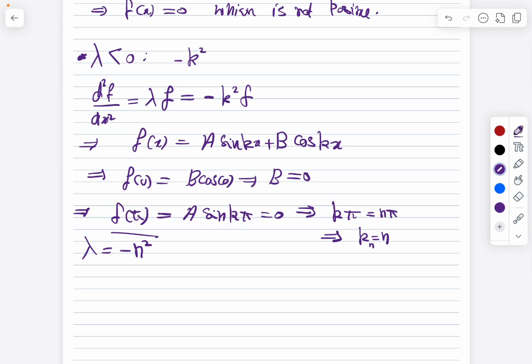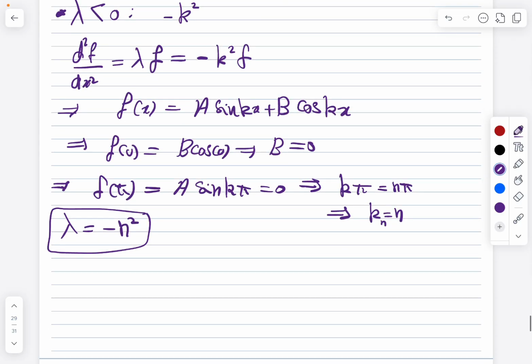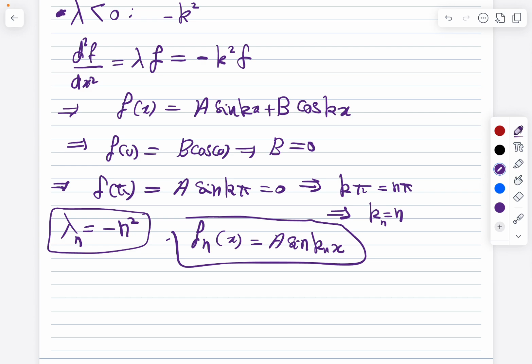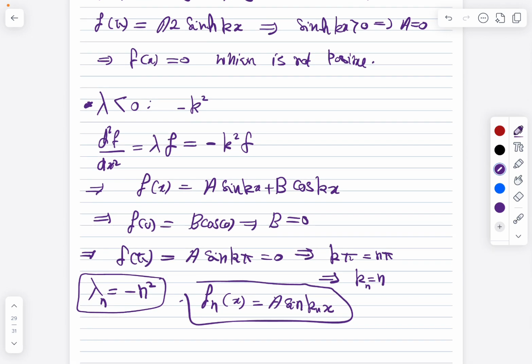So these are the possible eigenvalues of my function, with the corresponding f. Let me call it lambda n, with f of x equals a sine nx. This is the eigenfunction.